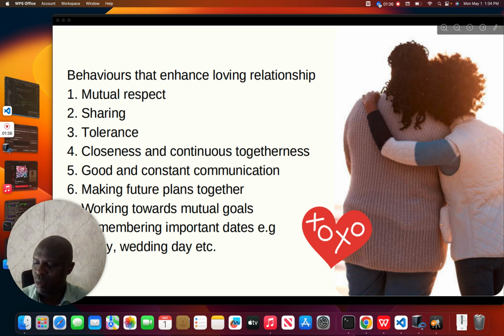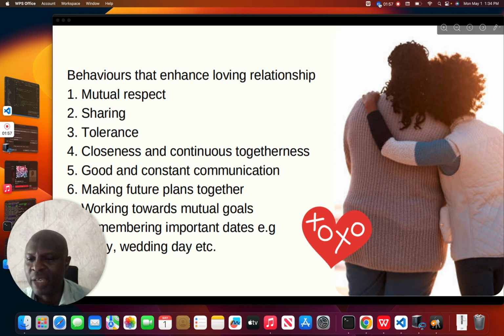Now, when we talk about love, there are some behaviors that enhance loving relationship. For instance, mutual respect. Mutual respect is expected when you say you love your friend.